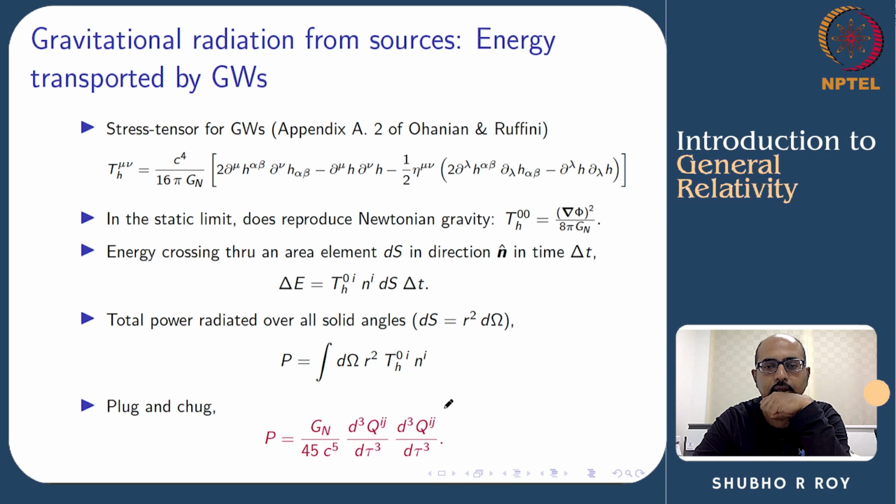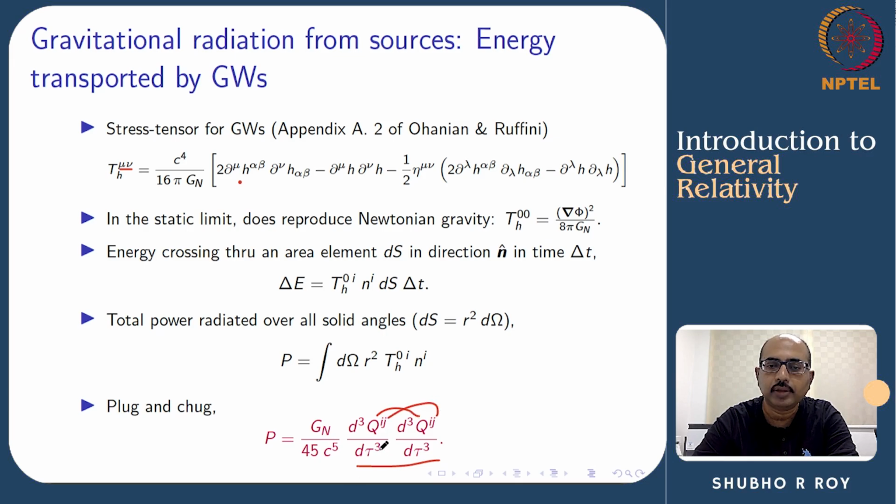And I will spare the details, but if you plug this in, again you consider the zero I component here, and perform this integral, then you see that the power is given by the square of the third-order derivative of the quadrupole moment. There are two factors, and the ij indices are all dummy indices, contracted with each other.